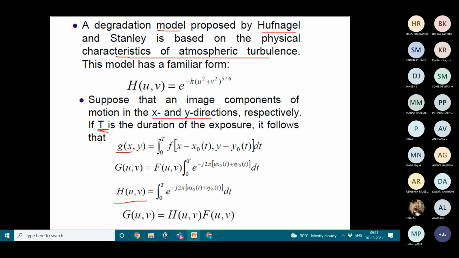Then H of u comma v we are taking as this. So G of u comma v can now be written as F of u comma v multiplied with H of u comma v. Now our G will be HF, and if we want H, we can take G by F.